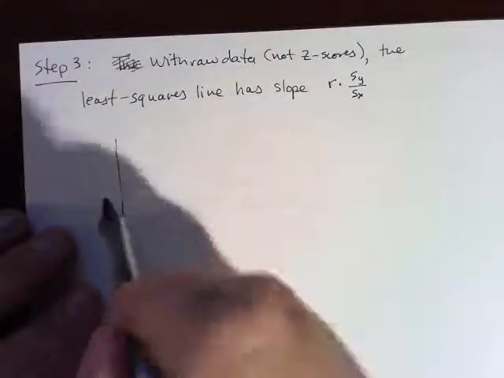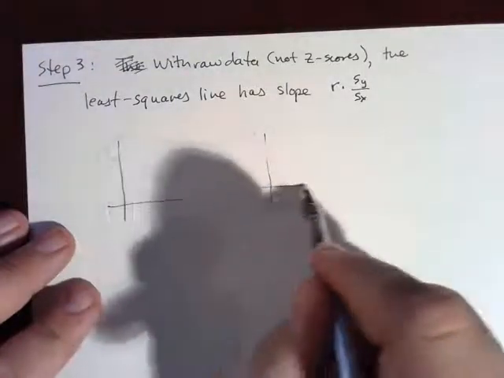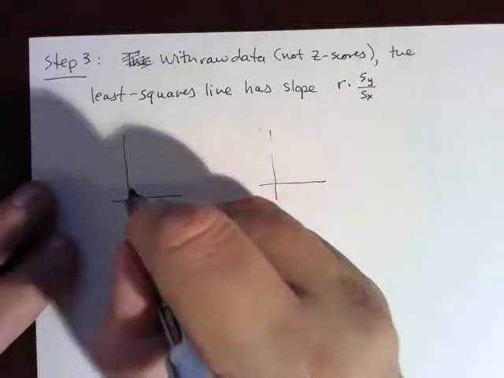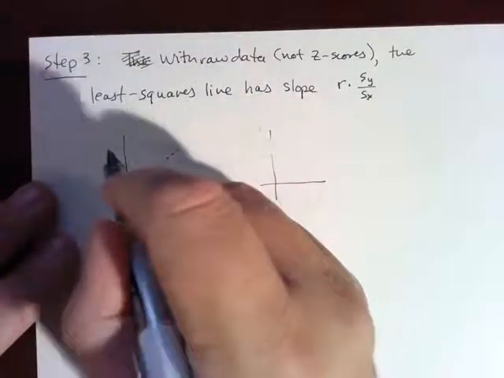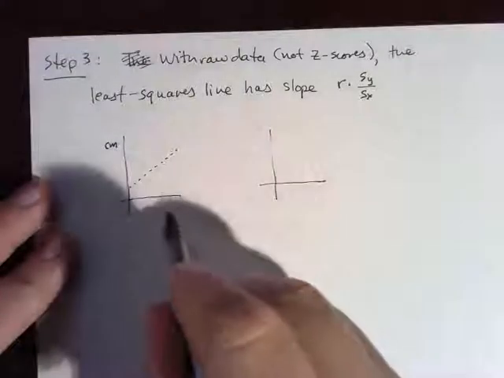So let's say, here's how I'll explain it. Let's say you're doing some experiment in physics or something, and you've measured the motion of a vehicle, and maybe you've done it in centimeters per minute.